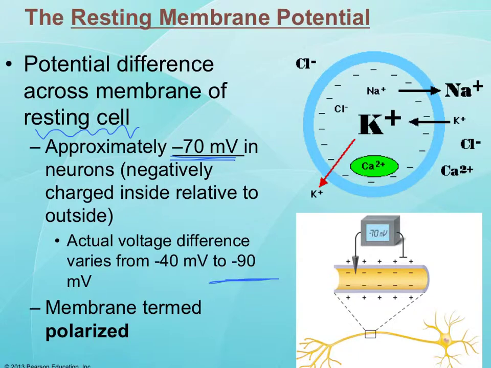So it's always negative, which means negative inside relative to the outside. In this condition, there's negative inside and positive outside. We call it polarized. So those are polarized cells. It's the resting membrane potential.